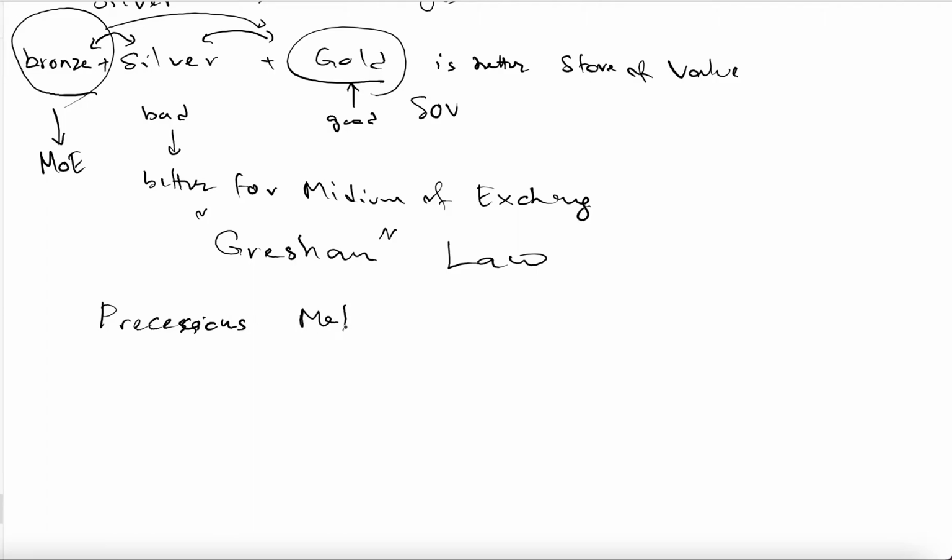In this precious metal system, it wasn't a fractional reserve system. The precious metal was 100% worth of the money.